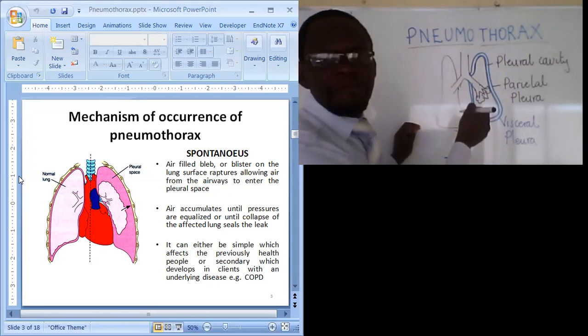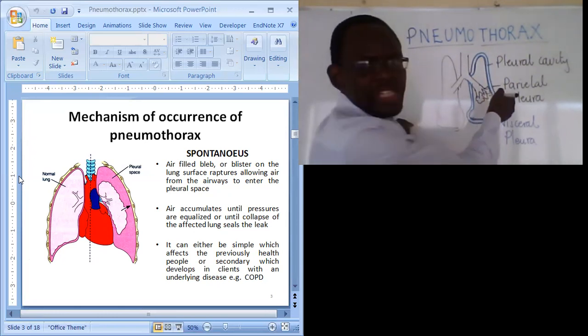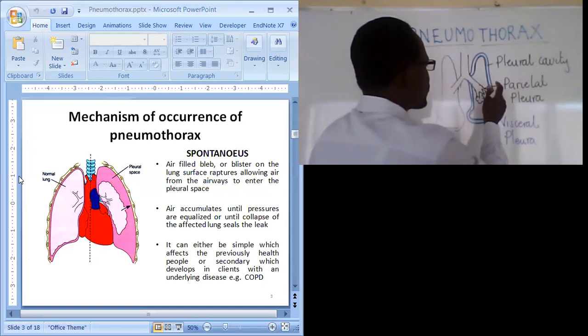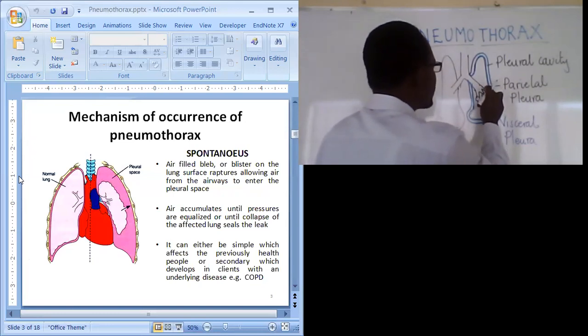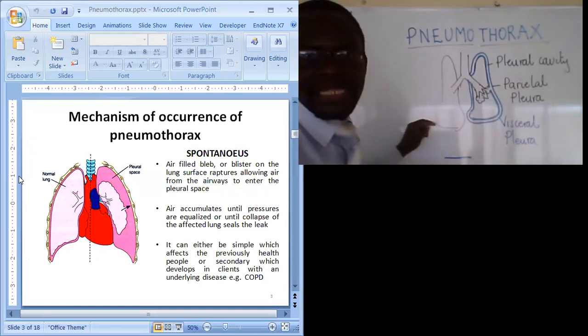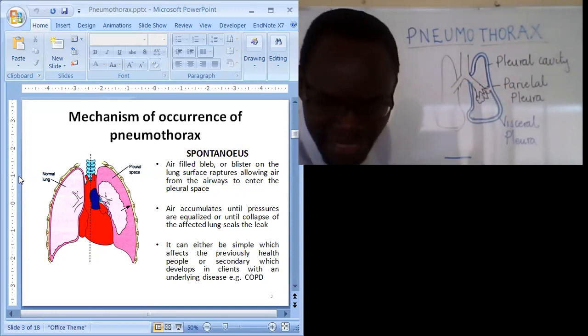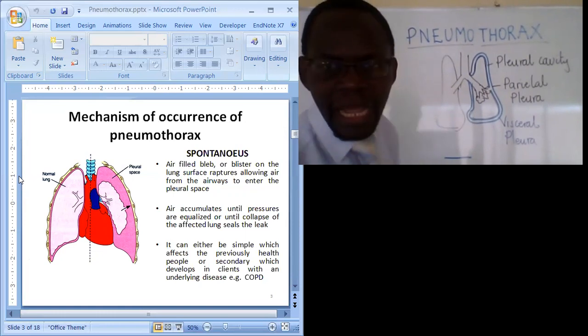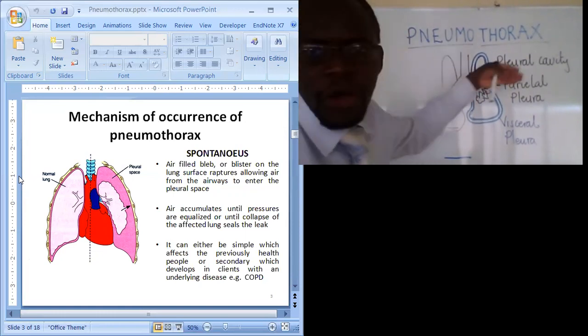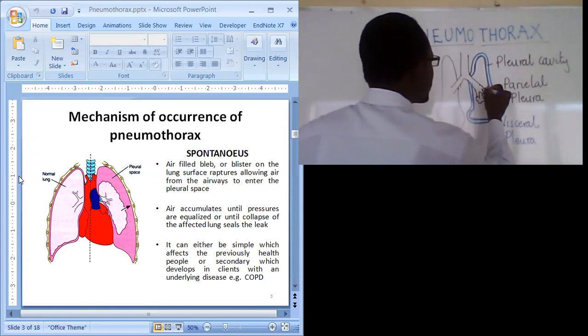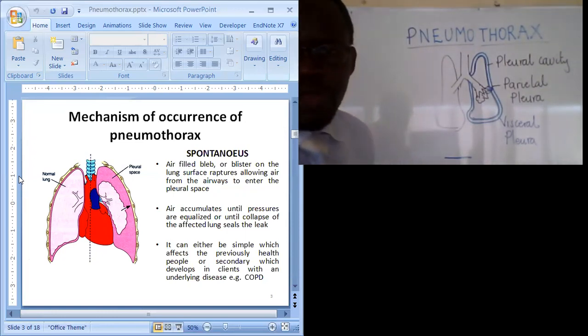Now, if by chance this alveoli, which is adjacent to the space, ruptures, as you can see, it has ruptured, yeah. So if it ruptures, what actually happens is that we have air from the alveoli escaping into the pleural space, yeah, escaping into the pleural space.